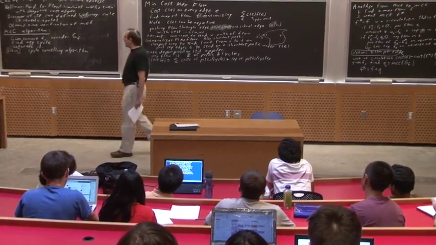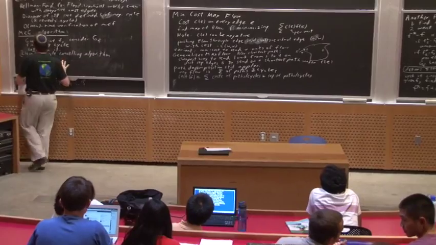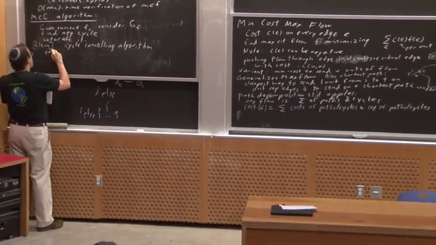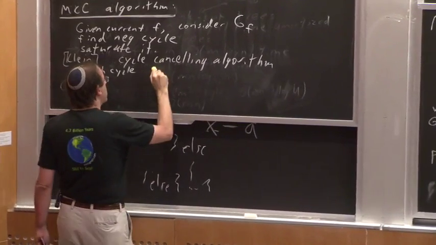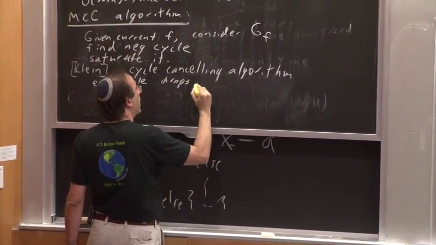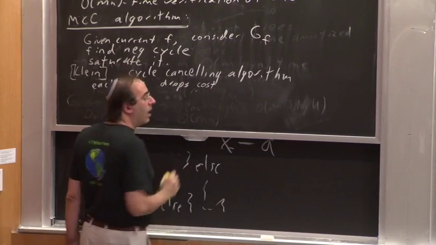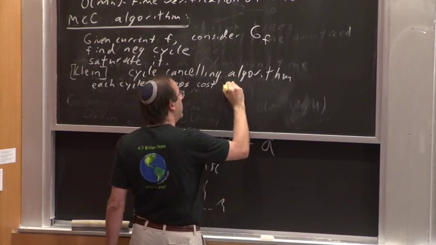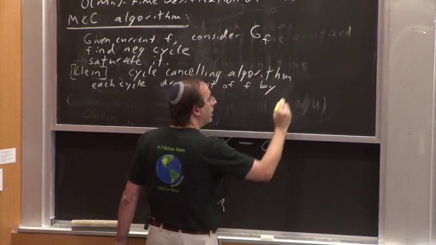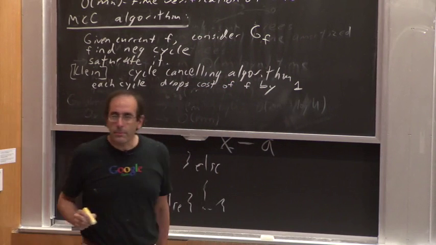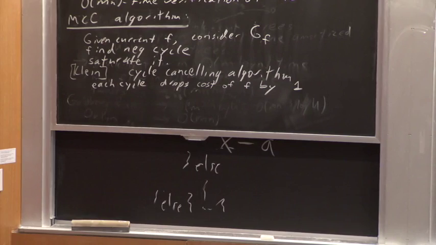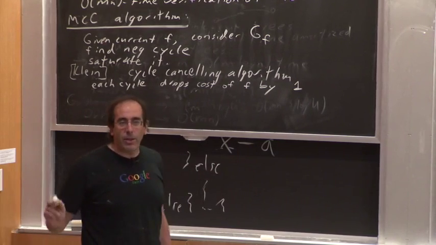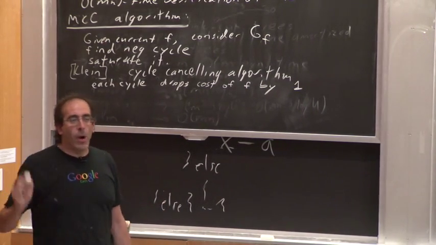And the analysis runs much the same way, right? So each cycle, how do we measure progress? Well, we're looking at cost. So this drops the cost of F by at least 1, right? I'll again assume integer capacities and costs. Anytime I find a negative cycle, it drops the cost by 1.